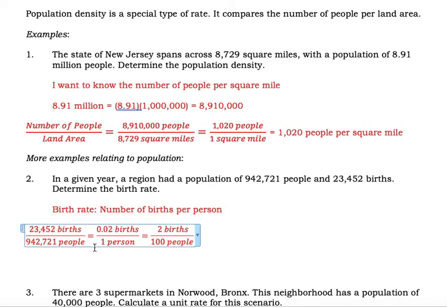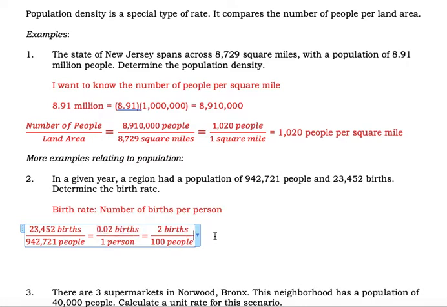So what we basically did was take our original rate, convert it to a unit rate, and then convert that unit rate to an equivalent rate. This is still an equivalent rate, but we just multiplied by the same number in the top and the bottom to take this out of decimal form. We didn't want this in decimal form because it doesn't make sense when we're talking about births.